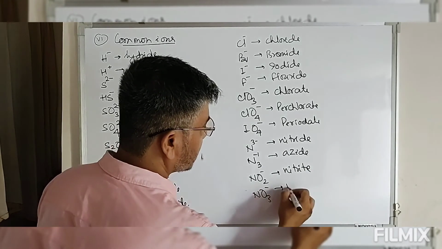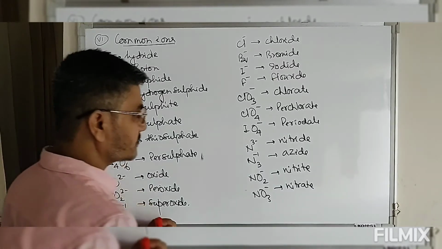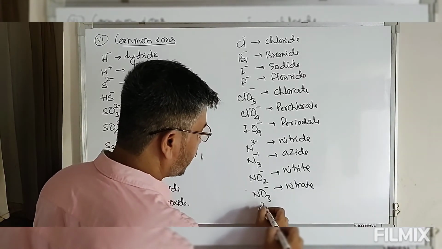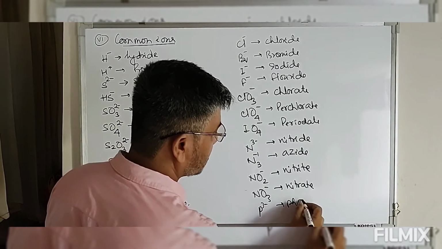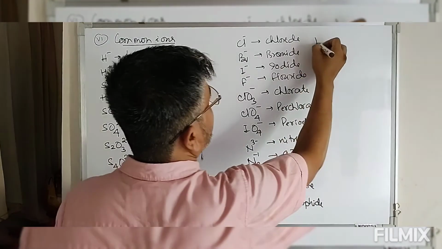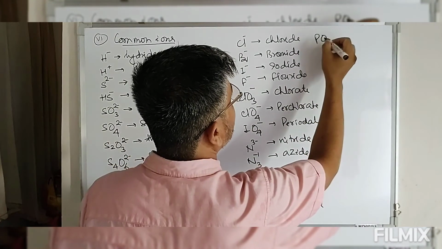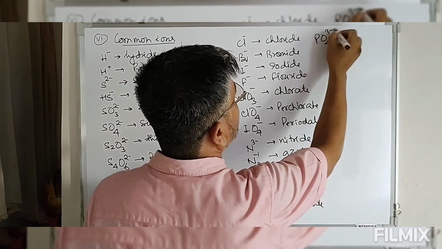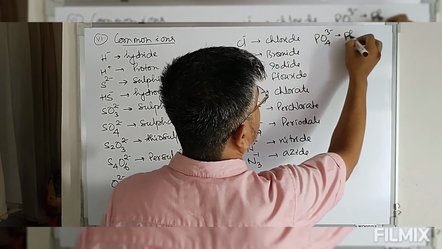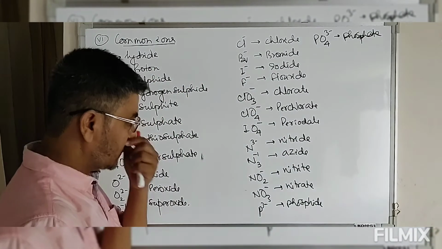NO3 minus, nitrate. Then we have P3 minus, phosphide ion. PO4 3 minus, phosphate ion.